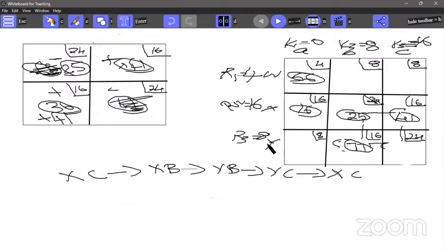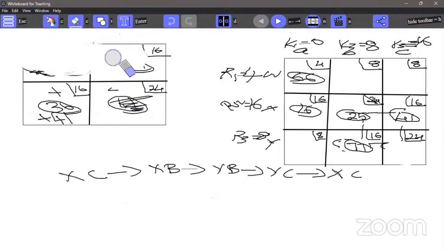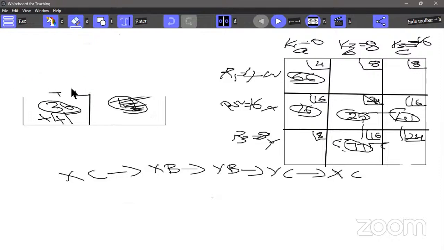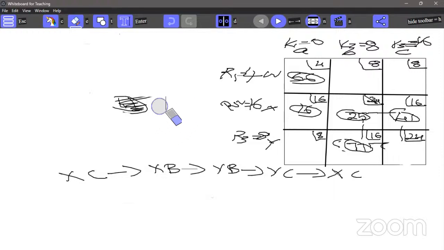Now you check the cost. 56 into 4, plus 16 into 16, plus 25 into 24, 41 into 16.